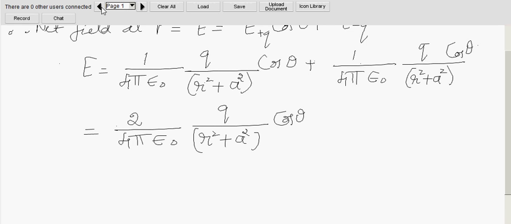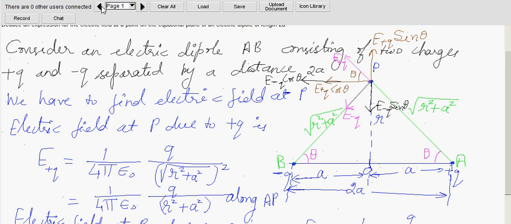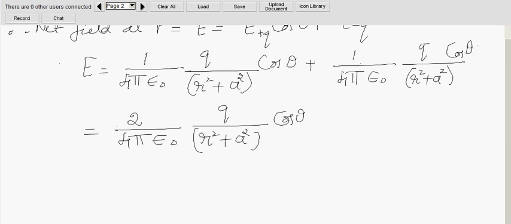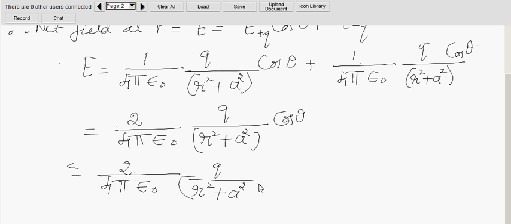From the figure, cos theta is a divided by square root of r square plus a square. Substitute and then simplify. 1 by 4 pi epsilon naught into q divided by r square plus a square into a divided by square root of r square plus a square.